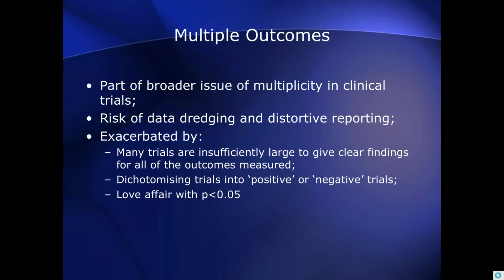We also tend to have a love affair with the p-value, and the p-value less than 0.05. You'll all know that the p-value is the likelihood or the probability of obtaining an effect for an intervention at least as extreme as the one in your sample.